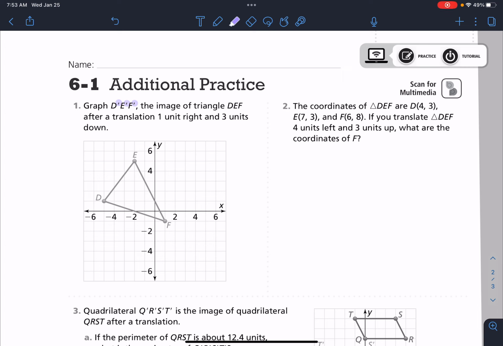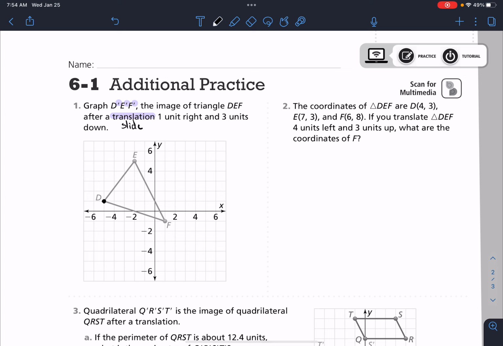Those are still the same letters, but they are telling you which letter it corresponds to. So like D prime would correlate to letter D, E prime would correlate to letter E, and F prime would correlate to letter F. So what it's asking us to do is to take this original image and translate it, which just means slide. This word translation is basically a fancy word for slide 1 unit to the right and 3 units down.